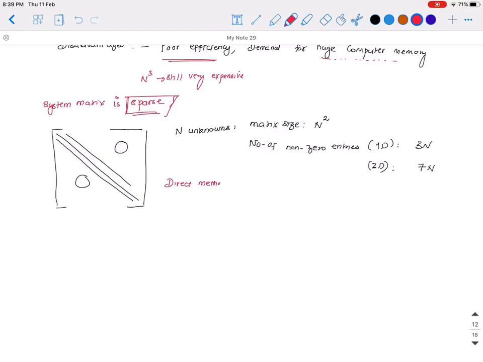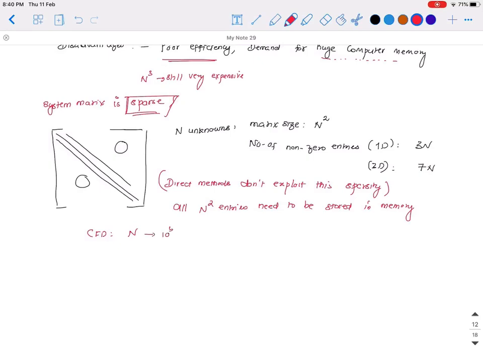So direct methods do not exploit this sparsity in their solution process, which means that all the n square entries, the majority of which are 0, need to be stored in the computer memory. In CFD we usually have n in the range of 10 to the power 5 to 10 to the power 8.